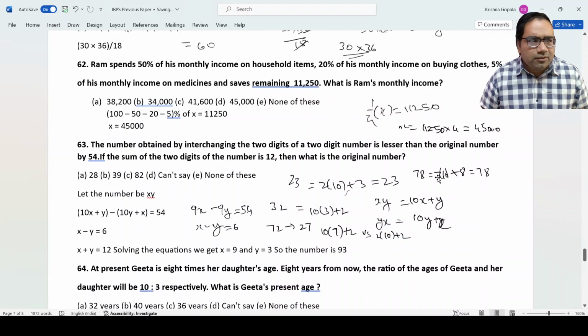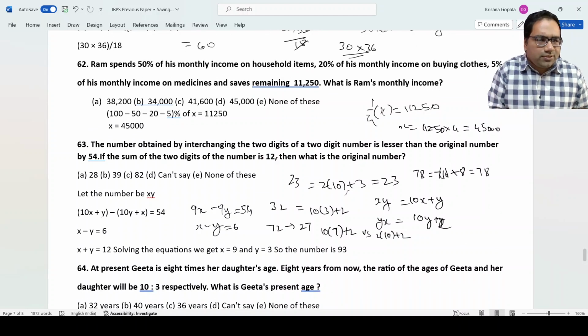At the same time, what is it saying? The sum of the two digits is 12, so x plus y is 12 is already given. x minus y equals 6, x plus y equals 12. So that means 2x equals 18, x equals 9. If x equals 9, y should be 3.